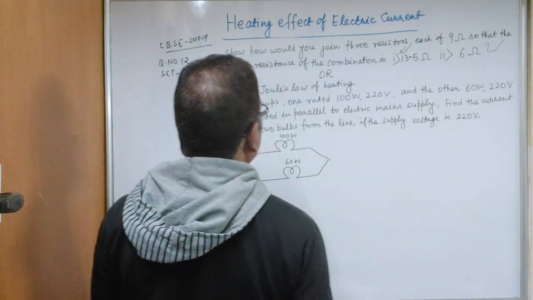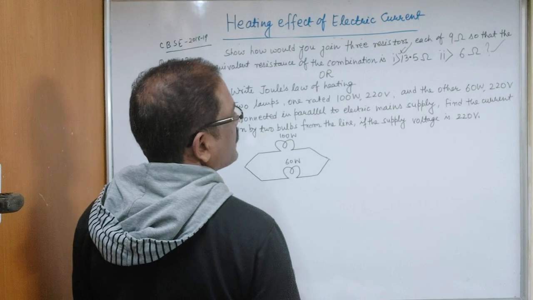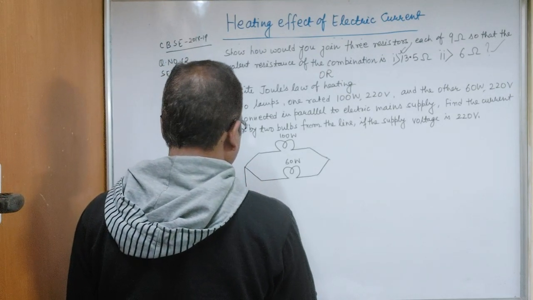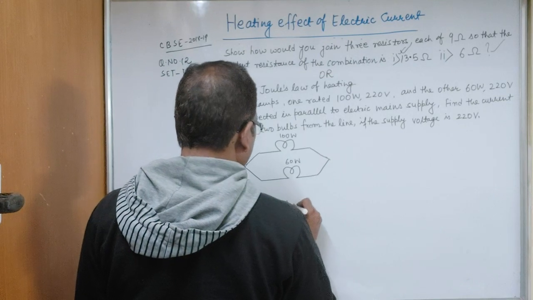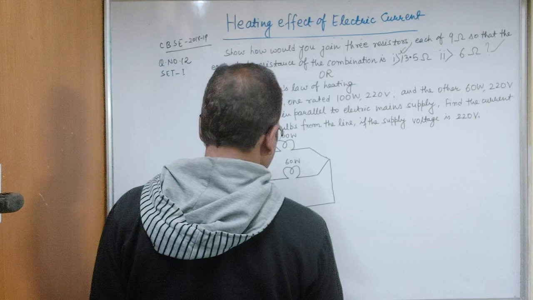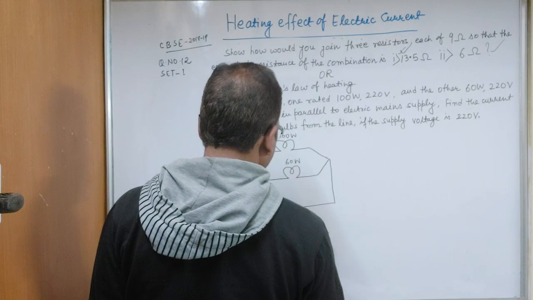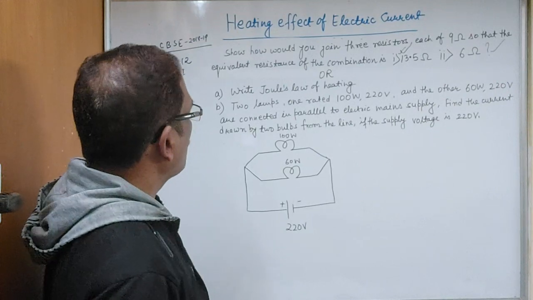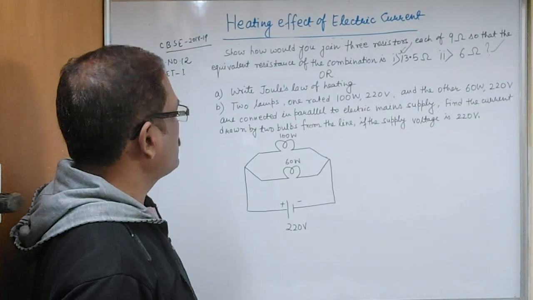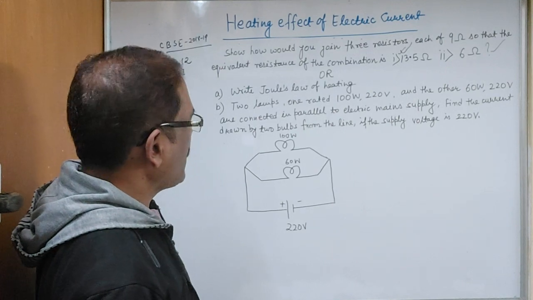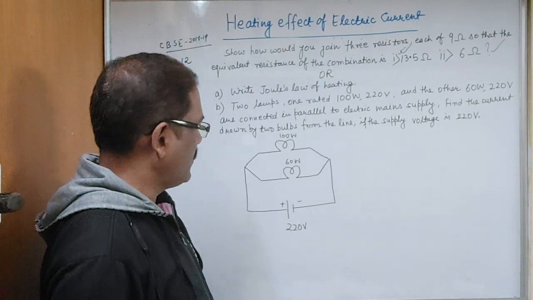They are connected in parallel to the electric main supply, with a supply line of 220 volt. Find the current drawn by the two bulbs from the line if the supply voltage is 220 volt.